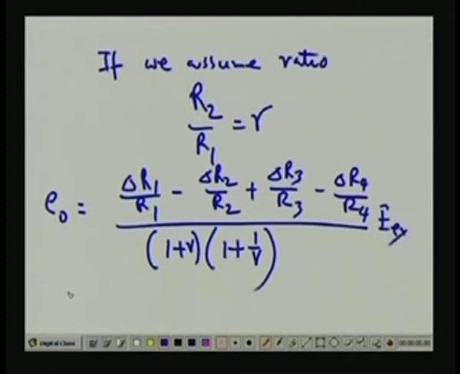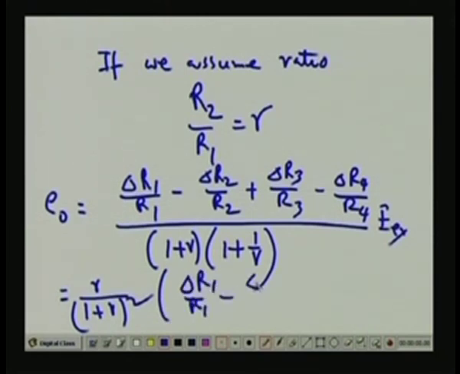So, this will give us the equation r upon 1 plus r whole square, delta R1 by R1 minus delta R2. I can erase this part again.